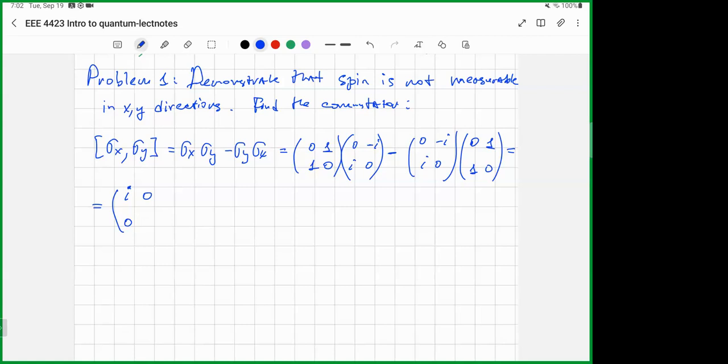And finally, minus I times 1, minus I, okay? And then minus the second pair. It's going to be 0, 0, minus I times 1, so it's minus I here, then 0 here, then another 0 here, of course, and finally I times 1 is I, right?